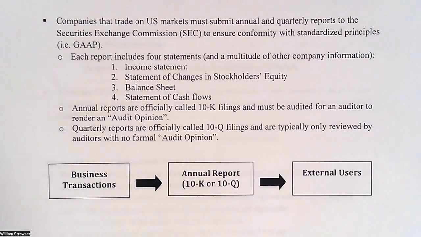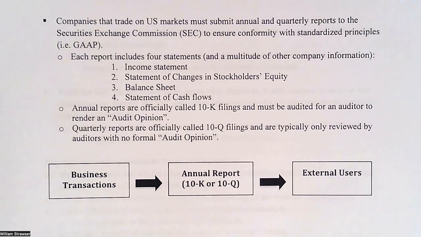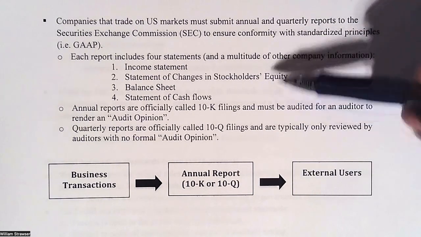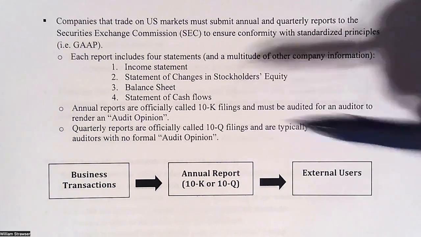Now, the focus of intermediate accounting tends to be on the 4 reports. However, that doesn't mean there's not a lot of other information in these large annual reports. We'll look at them throughout the class. These are just the highlights. These are 4 pages of perhaps 70 to 100 pages in these filings.